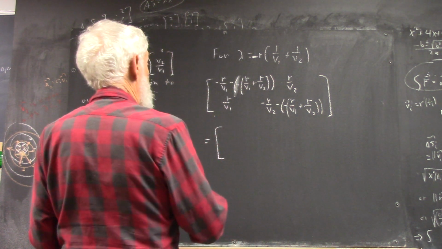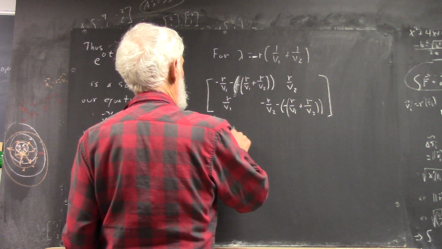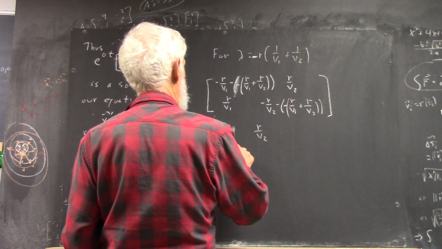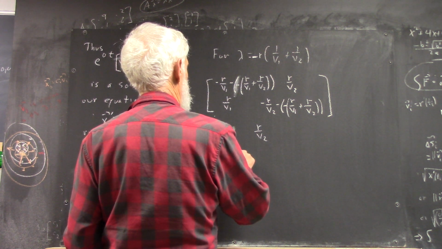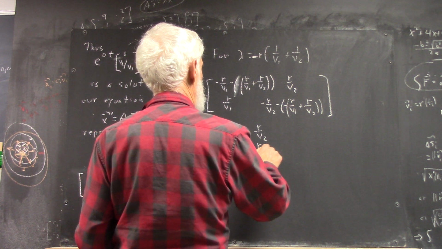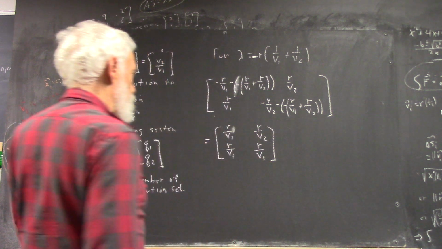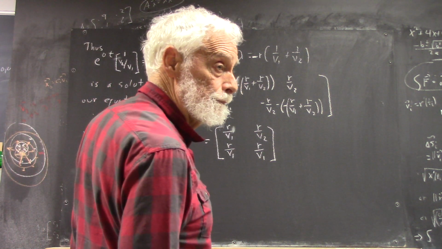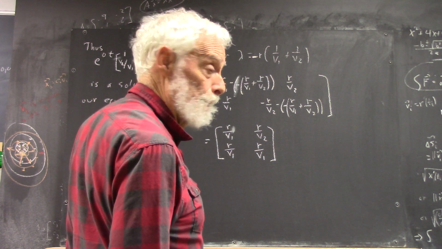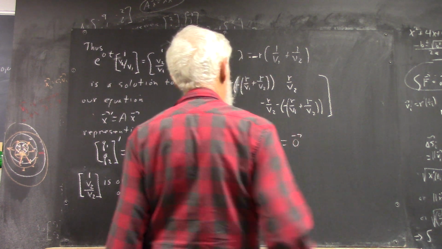So all we end up with is this, and that's supposed to equal the zero vector.